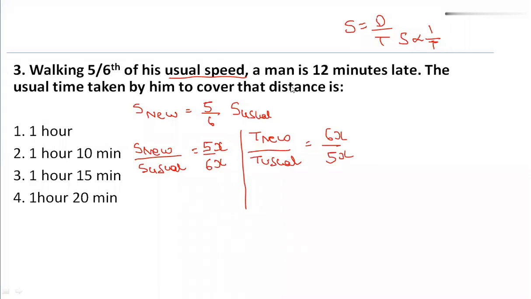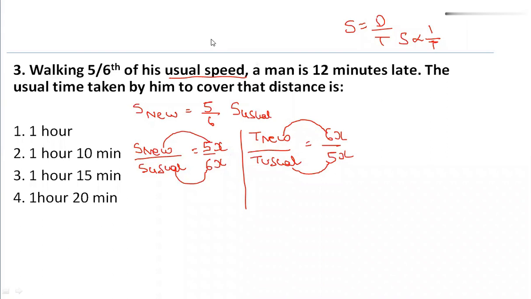Then, if he is decreasing his speed, automatically he will take more time to reach the destination. That is what is happening here. Usually, he has to use 6 parts of speed to reach the destination, but he is using only 5 parts. Because of that, he needs 5 parts of time, but he is taking 6 parts of time to reach the destination. Why?